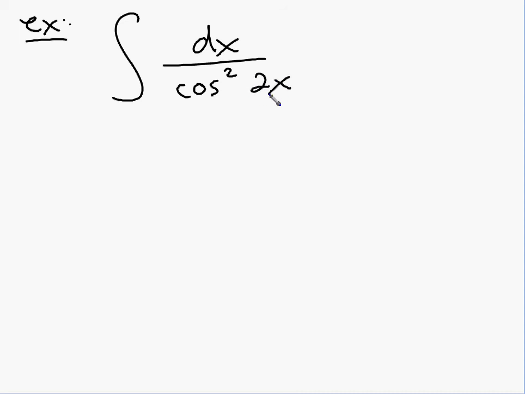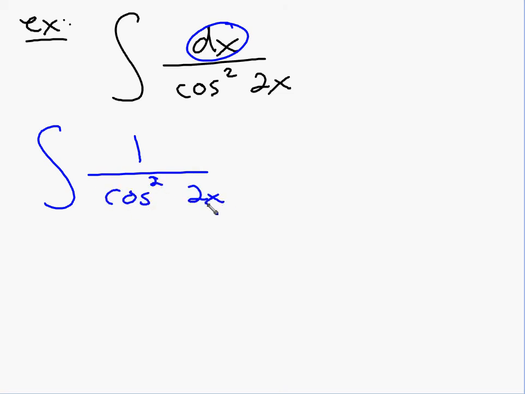Okay, now the first thing you notice is the way this thing is written. They put this dx up here. And that'll happen sometimes. Don't let that upset you. Just rewrite it the way we're used to, which is 1 over cosine squared 2x, and then the dx is over here. Okay? That's the way we're used to seeing it.